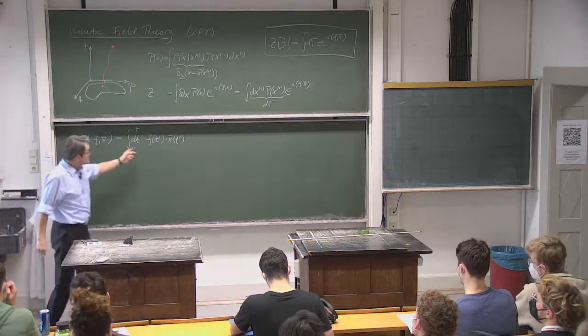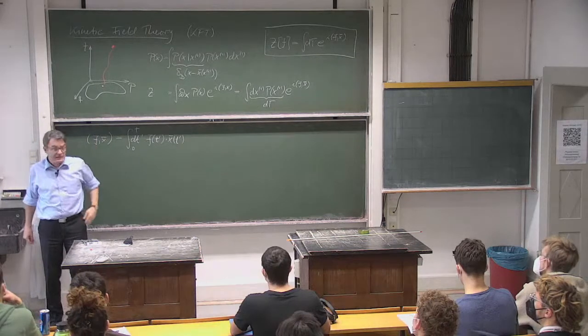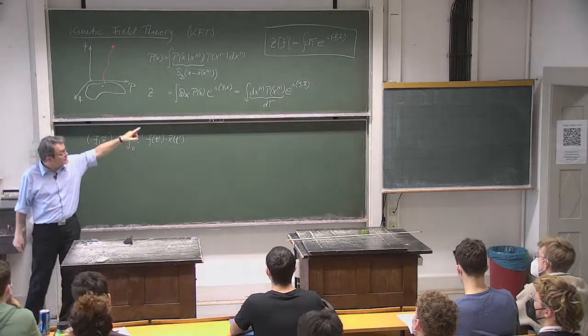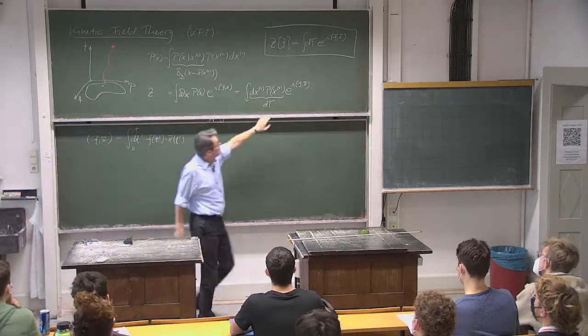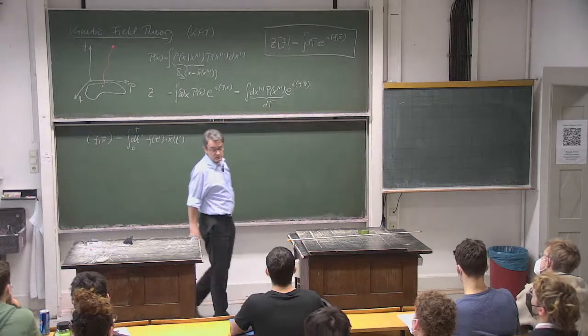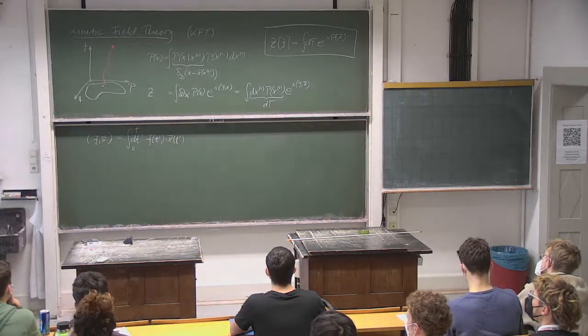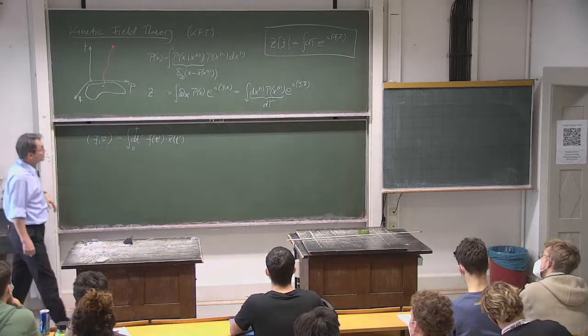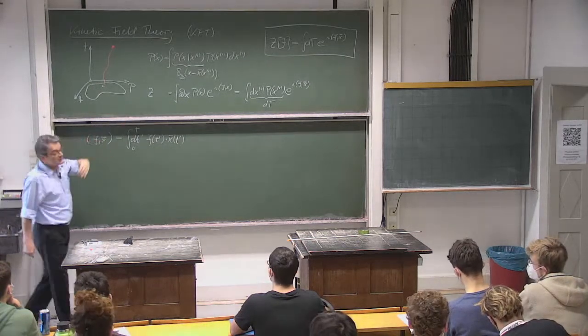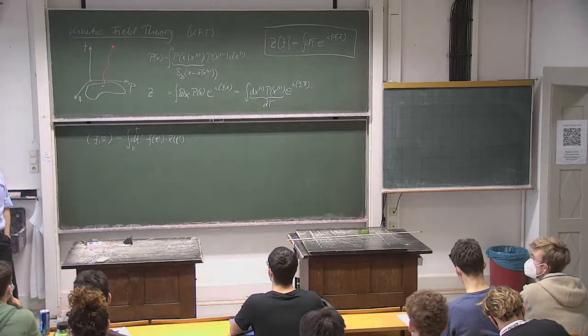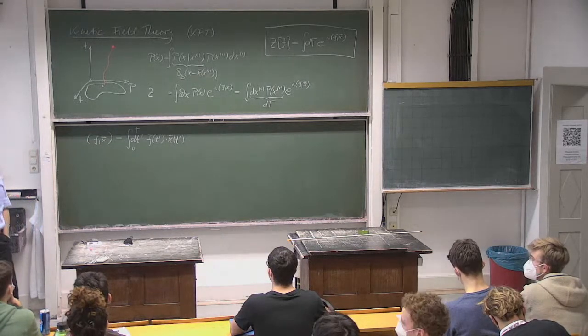But I wanted to make explicit that this scalar product contains information about time. And it should, because we want to study the evolution in time of statistical properties that we want to derive from Z of J.